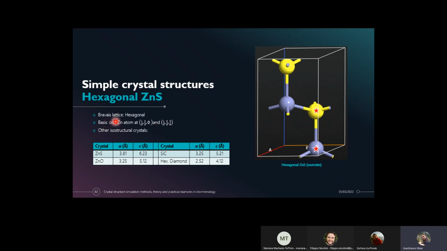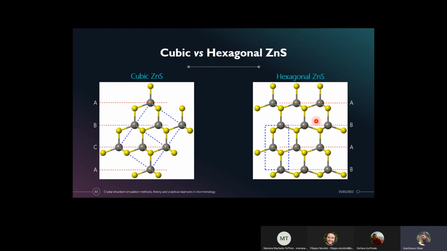And you can see here the basis is given by two atoms, and it is given by a different stacking of the zinc sulfide atoms inside the structure. Here we can see these stackings.